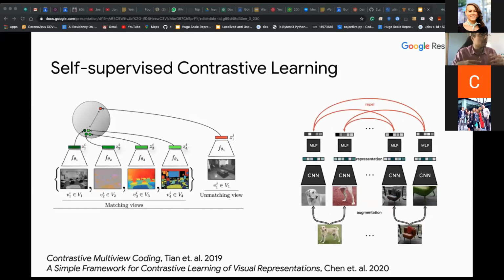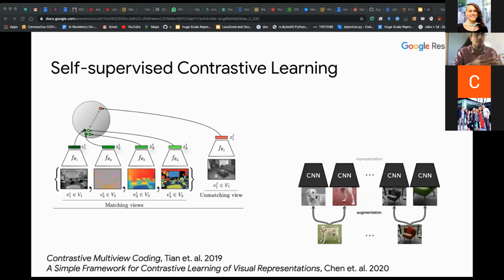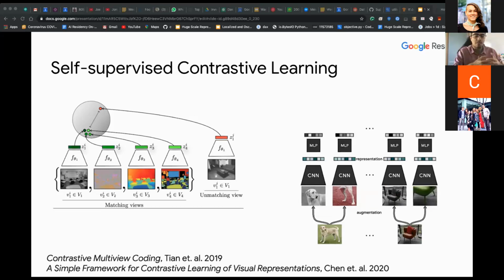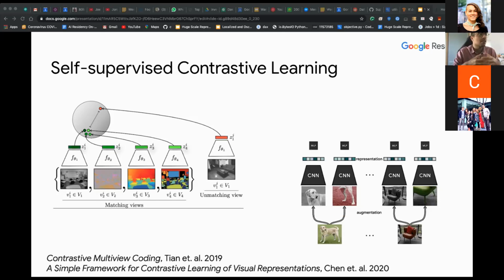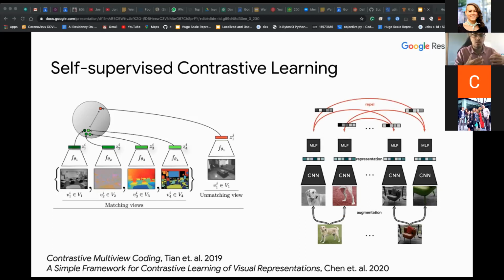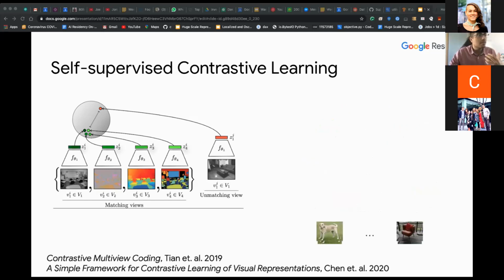So what you have on the left is that you take different color transformations and you actually reduce into various color spaces, let's say just luminance and maybe chrominance, or maybe various semantic segmentations, and then you embed them using separate encoder networks, but into the same representation space.